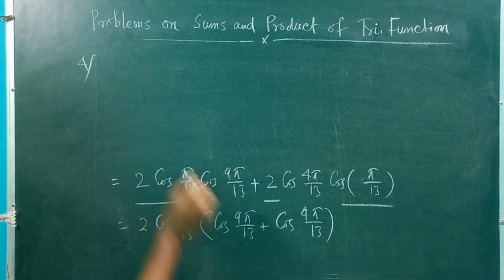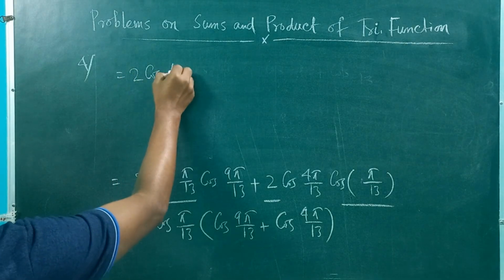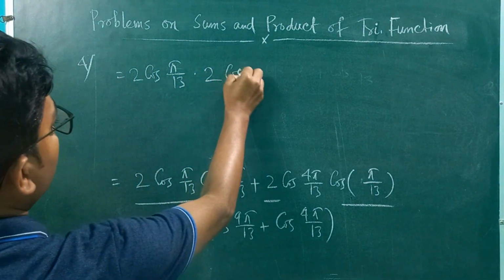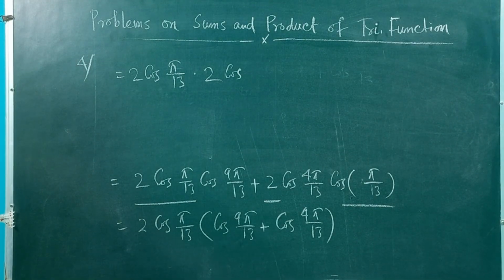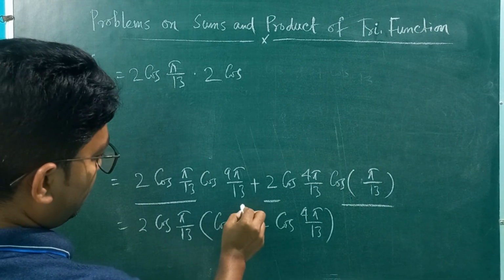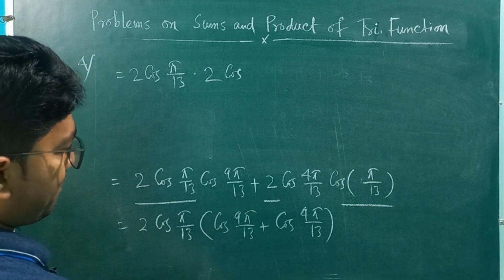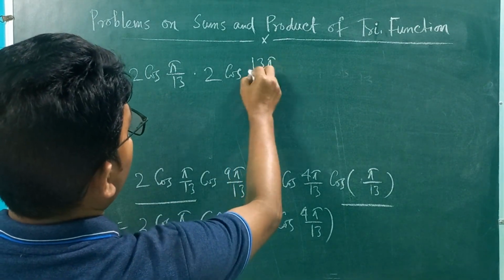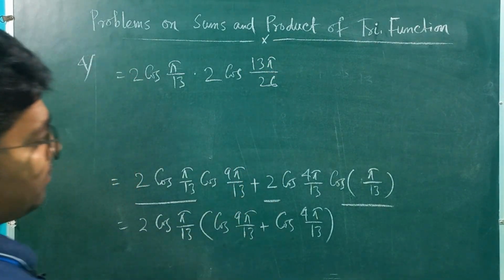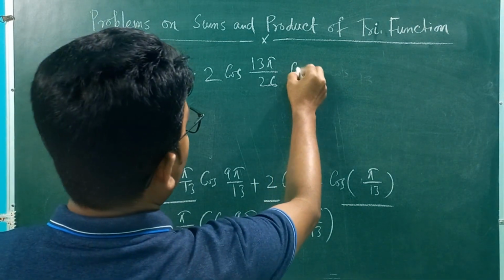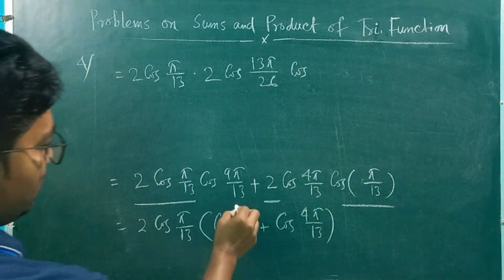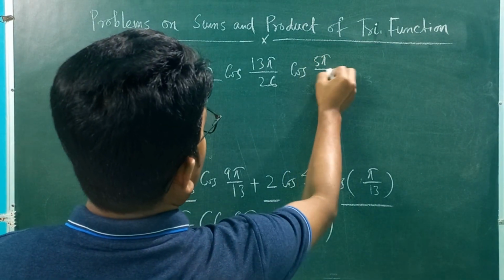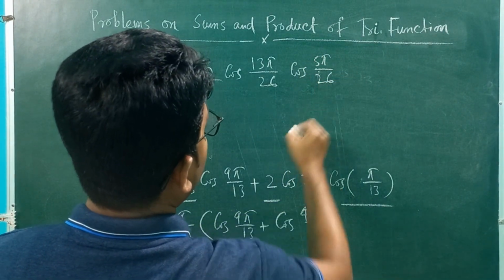Then what you will get? 2 cos pi by 13, this one 2 cos c plus d by 2, 9 plus 4 is 13 by 2, that is 13 pi by 26, cos c minus d by 2, 9 minus 4, that is 5 pi by 26.